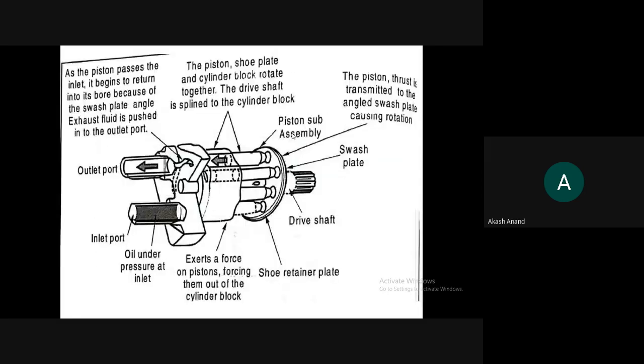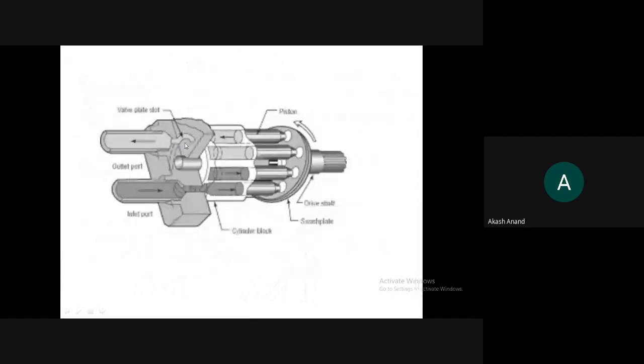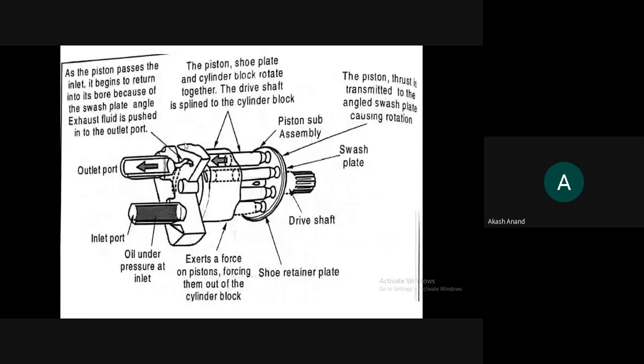So these are the important parts of a motor. You can see the outlet port here, an inlet port here, and the oil under pressure at the inlet port. There are a number of piston sub-assemblies inside this piston motor.